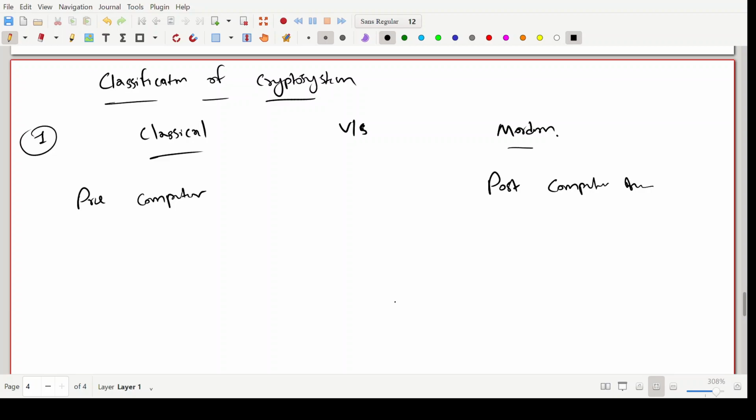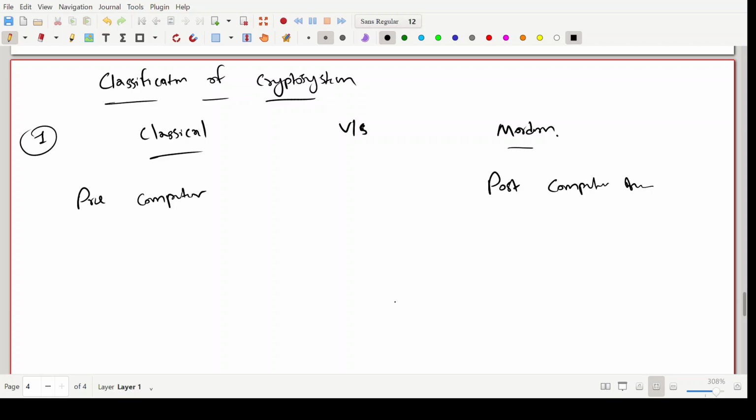The crypto systems designed in the post computer era are called modern crypto systems. Broadly they can be analyzed on the basis of time period: those belonging to early 20th century, or those belonging to late 20th century.